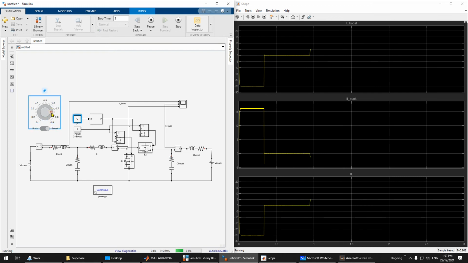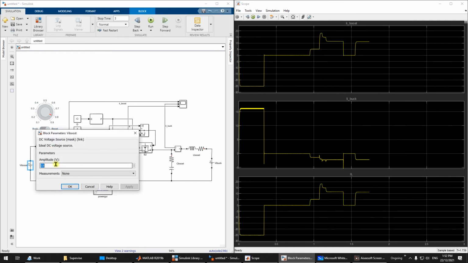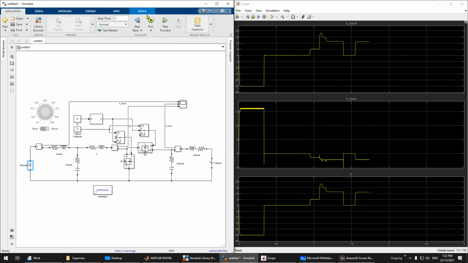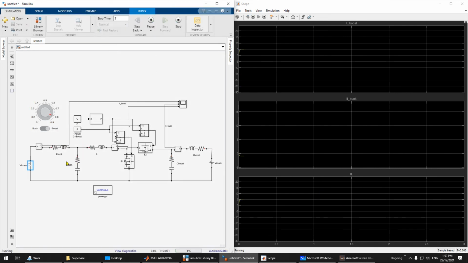So for boost I think it needs to be higher. If it's too low it will become 0. So this one is actually depending on this. Right now I didn't design it properly, so maybe the result becomes something like this.